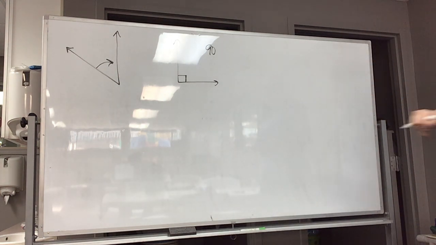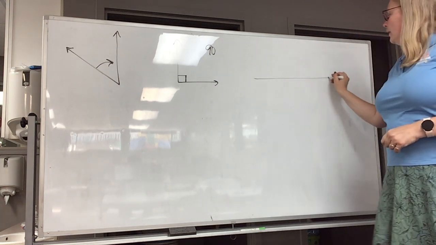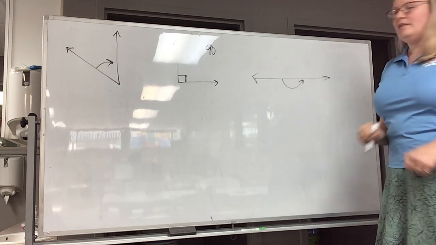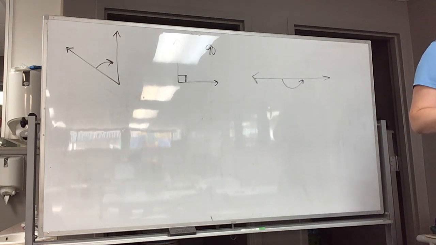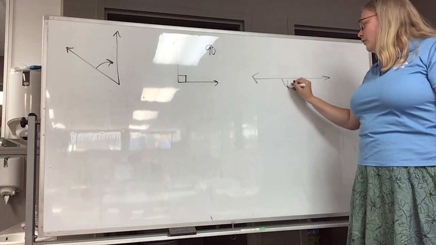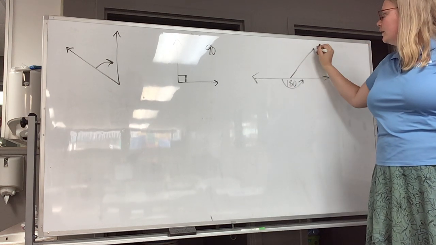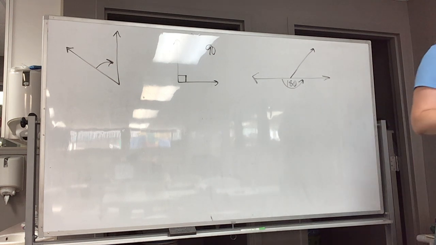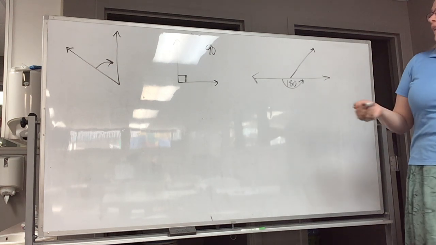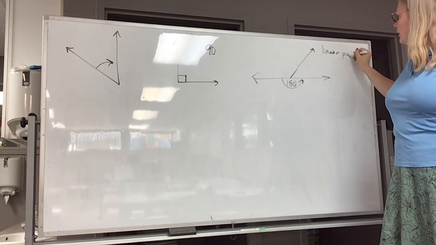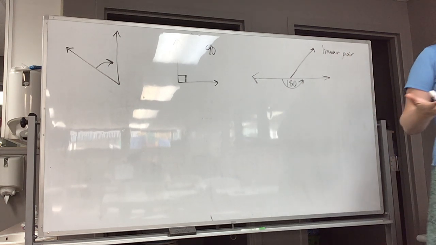Also, in that same category, what is this angle measure? 180 all over the place. And in particular, when we have two angles making that straight line, it's called a linear pair, or literally a line pair.